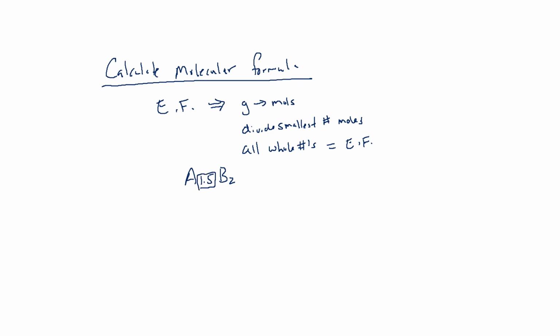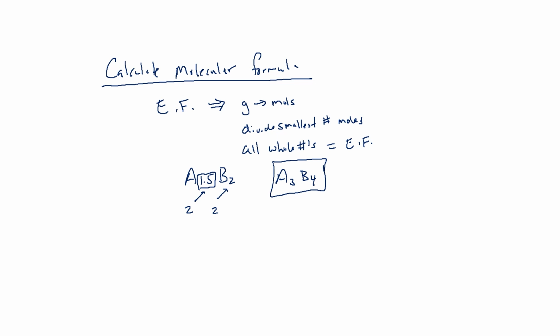The 1.5 is not good. Remember that the subscripts do need to be whole numbers. So we do need to find a factor to multiply that by, and in this case we could multiply it by 2, which would give us an empirical formula A3B4 in my example. Remember that we would multiply the 2 by everybody in the formula, not just the 1.5.